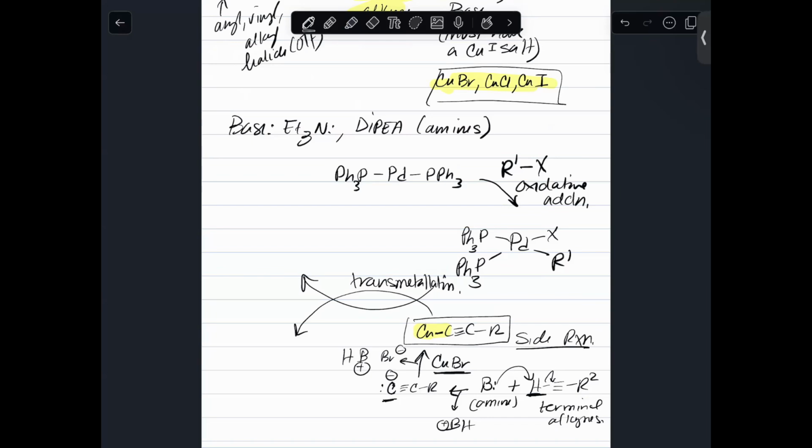Once it's set up to do the transmetallation, again, you are exchanging the halogen. So not surprisingly, the halogen is now bonded to your copper. So you're regenerating your copper 1 salt. And now your alkyne is bonded to your palladium.